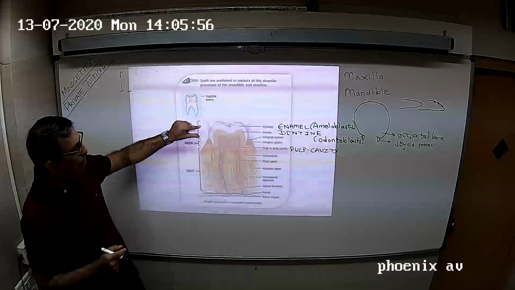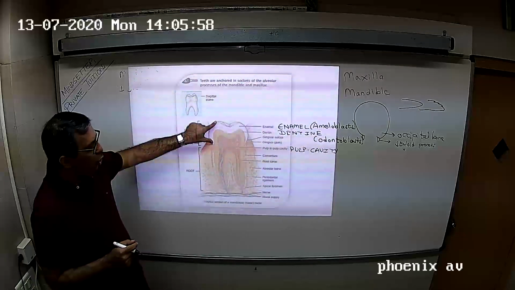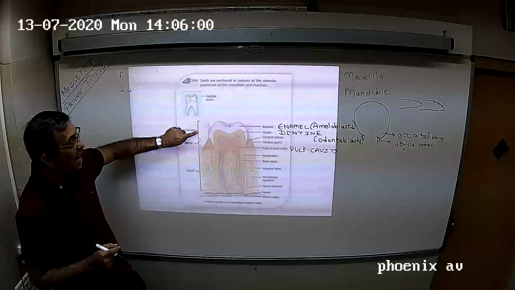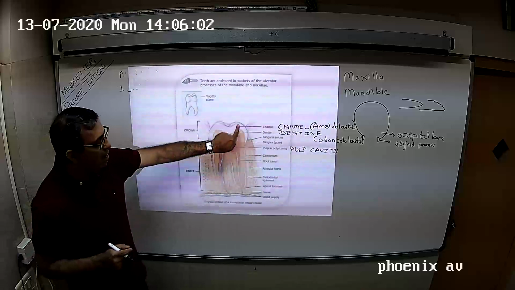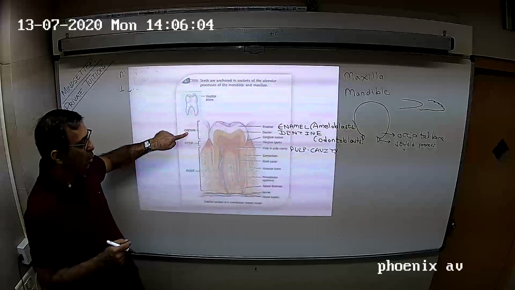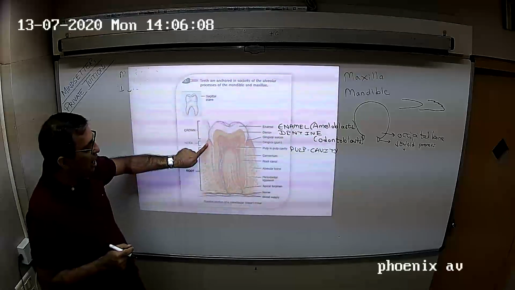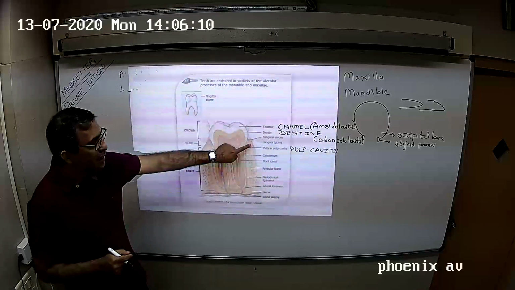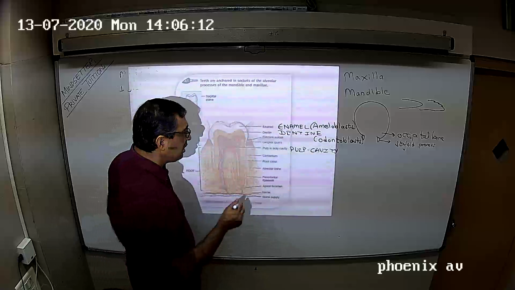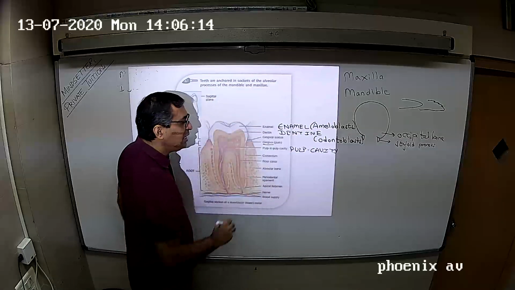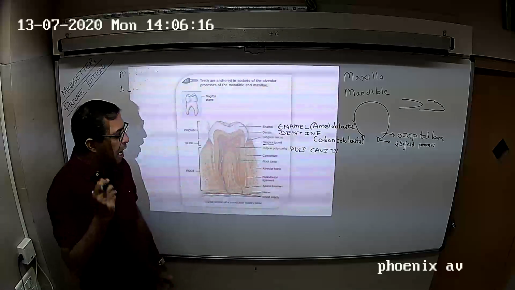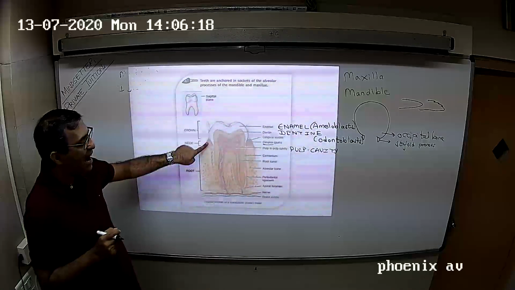And the upper shiny part of the tooth is called the crown. So enamel is specifically called the crown. And then we have the neck region, जहाँ we have the gums. The gums, also called the gingiva. The gingiva or the gums part is called the neck.